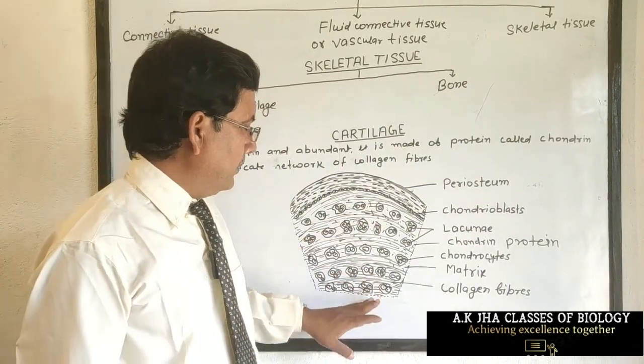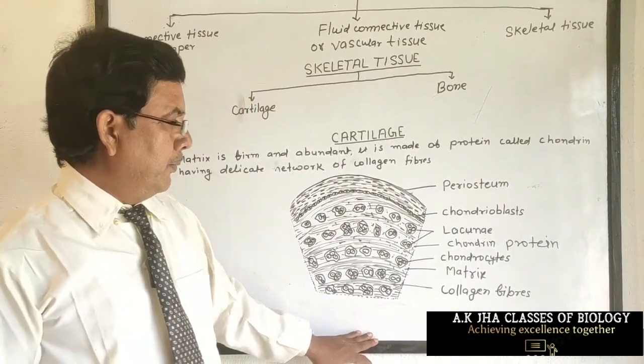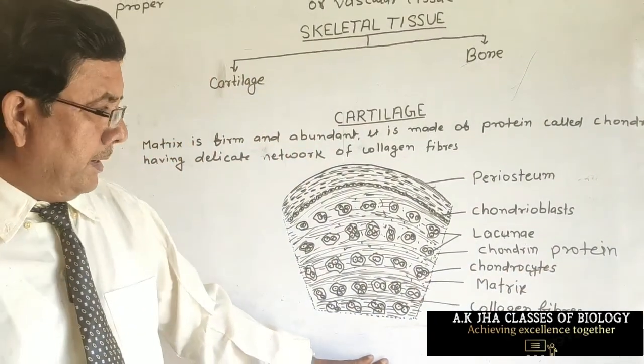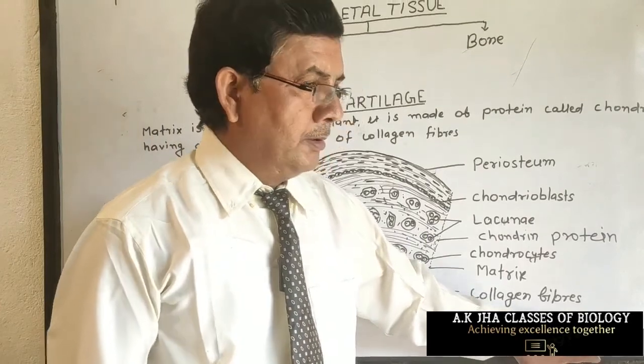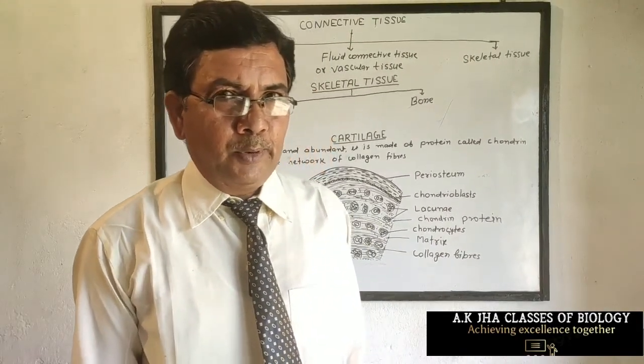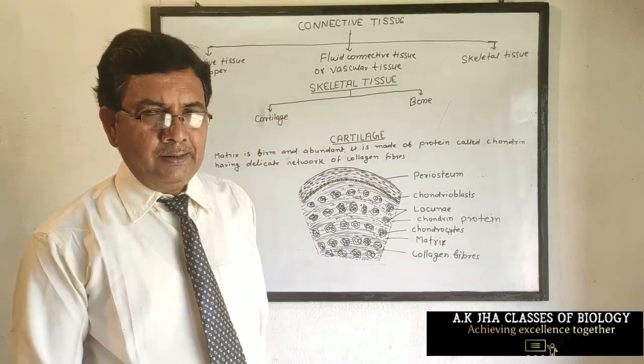The matrix of cartilage contains chondrin protein and also collagen fibers. So due to the presence of collagen fibers and chondrin protein, it is elastic in nature.